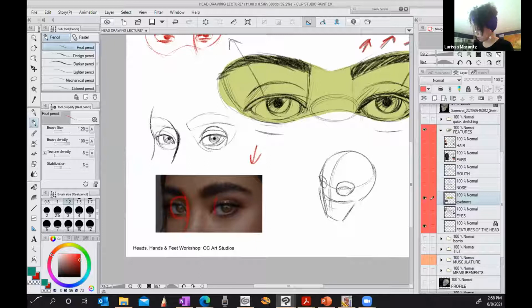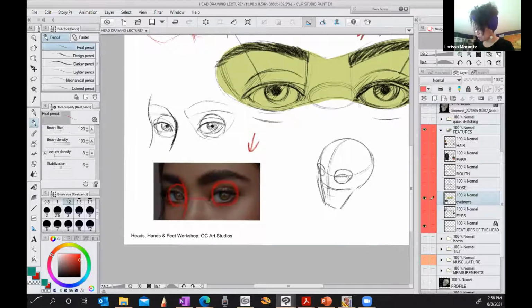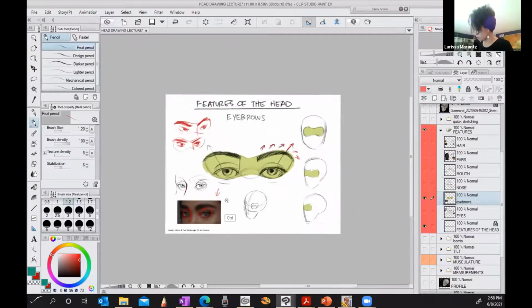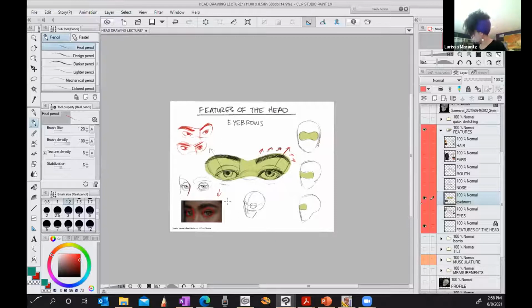So you're still mindful of the distance. You don't want that to get too close. Be mindful of that shape and this nasal bone right there when you're drawing the 3/4 front view.